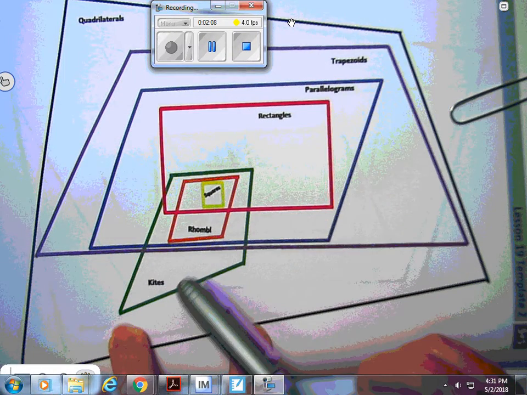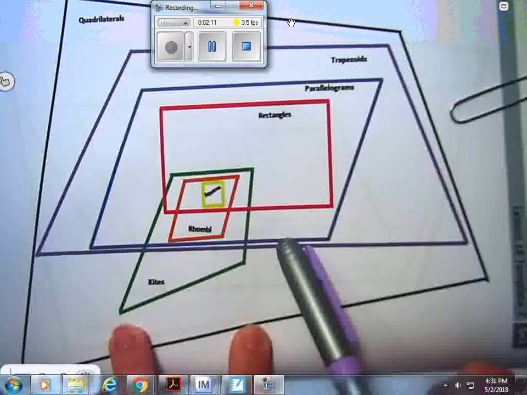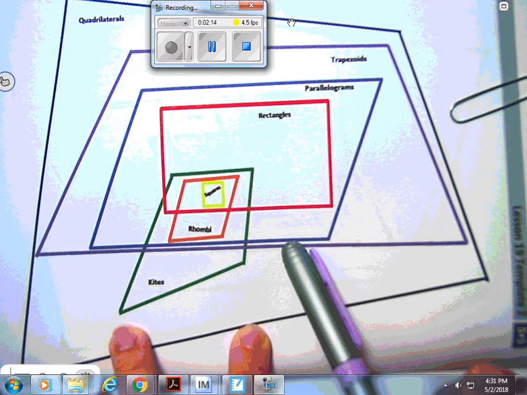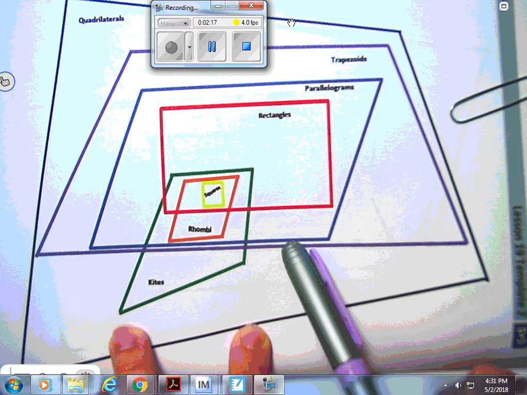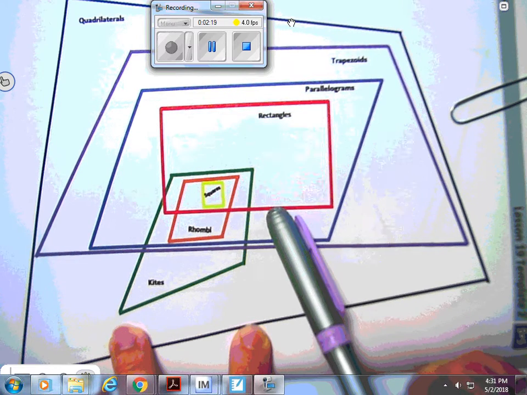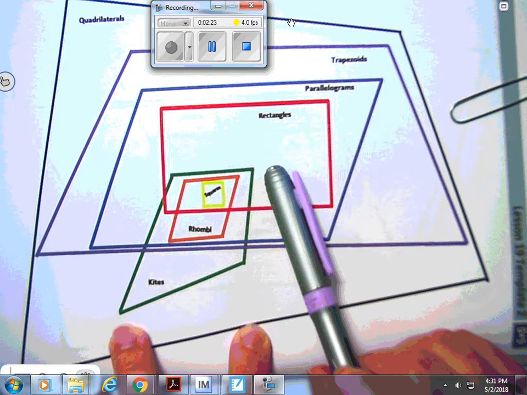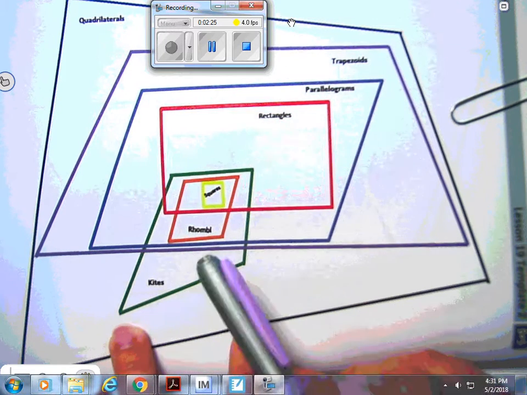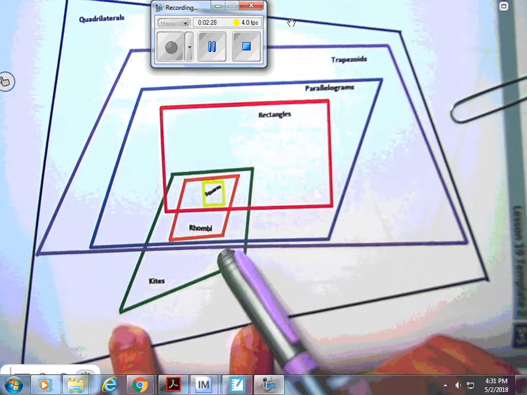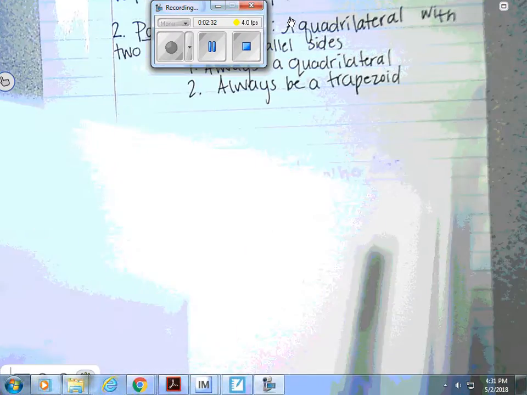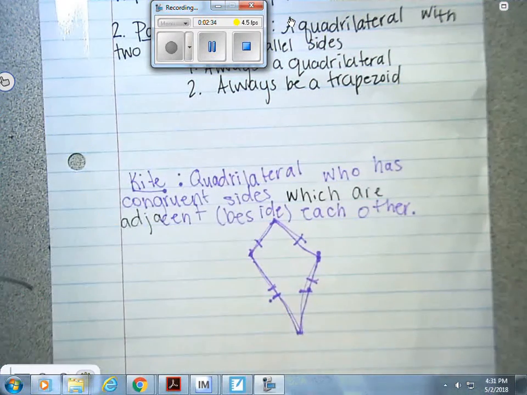It can be a trapezoid because the sides can be parallel, but they don't have to be. It can be a parallelogram. It can be a rectangle. And it can be just kind of its own quadrilateral, which is what this shape here is. It is its own quadrilateral.